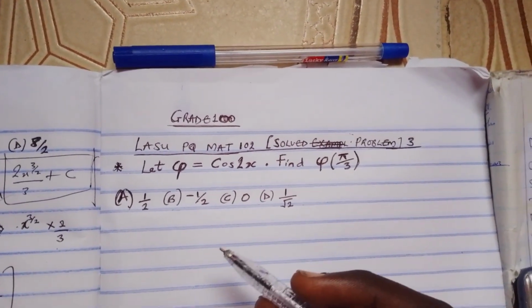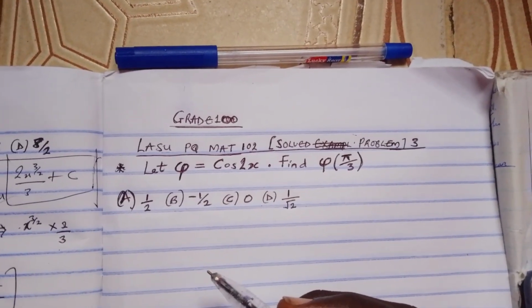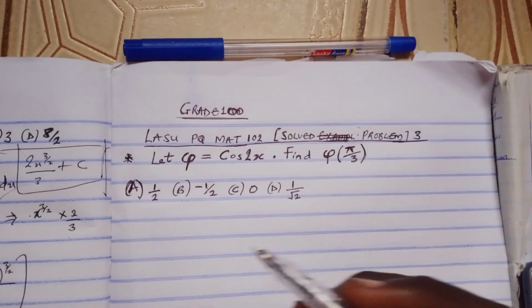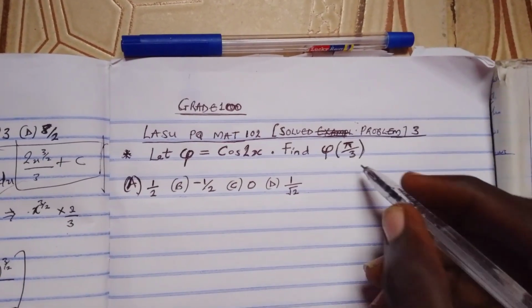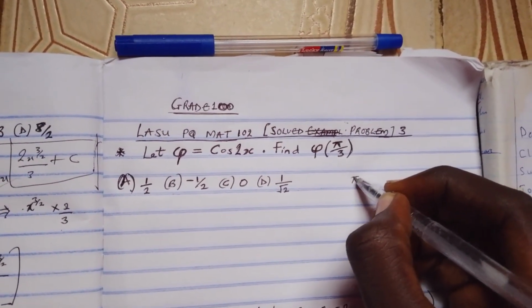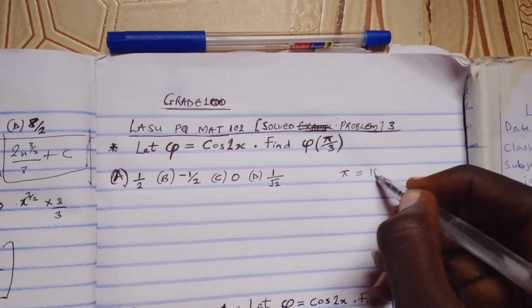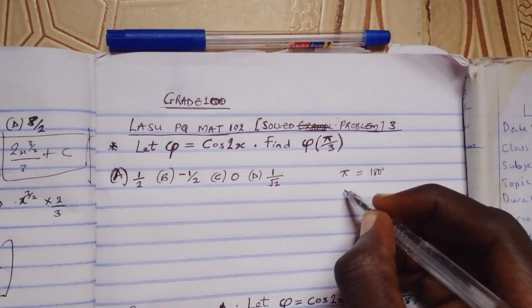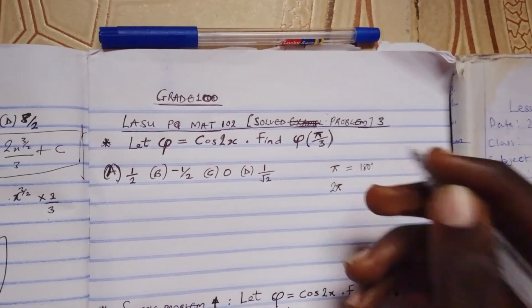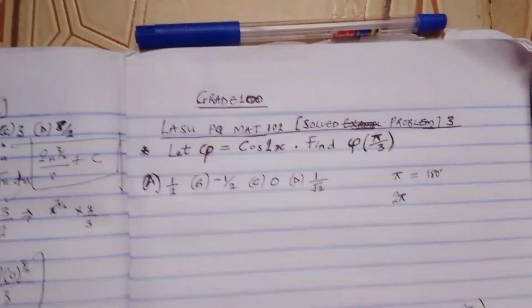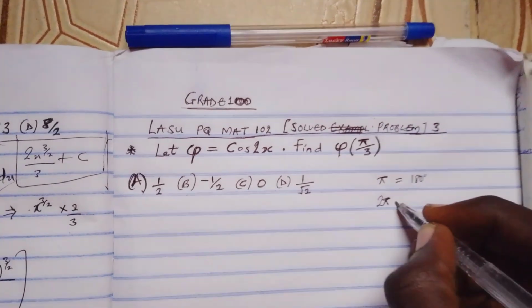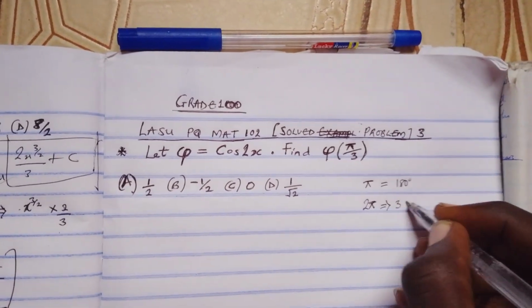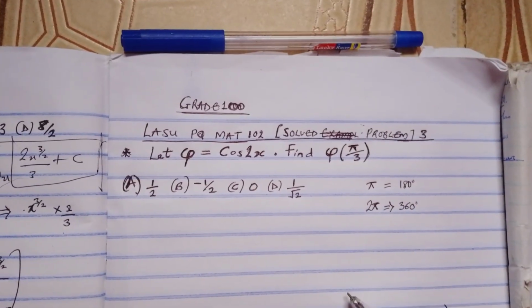Now, before I move on, we have to understand some things under the radian relationship with angles in degree. We have to know that pi is equal to 180 degree, that's pi radian. When we have 2 pi there, it will be what? 2 pi will be 2 multiplied by 180, and that is basically 360 degree, right?